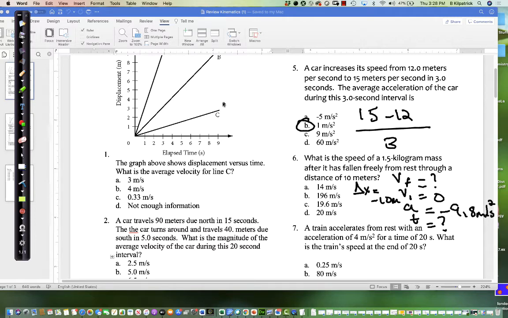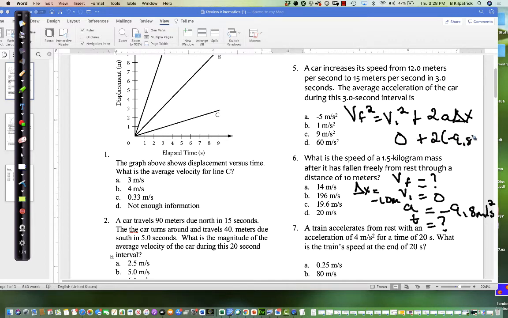Yeah, so we have an equation, it's VF squared is equal to VI squared plus 2 times the acceleration multiplied by my displacement. All right, so now VI is 0, 2 times my acceleration times this, negative 10. All right, so then you're going to get 196. That's equal to VF squared.